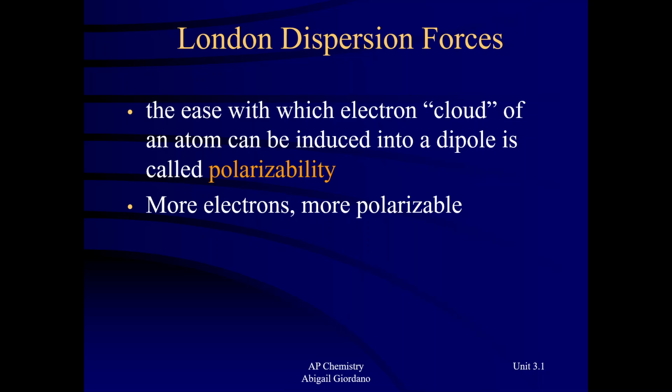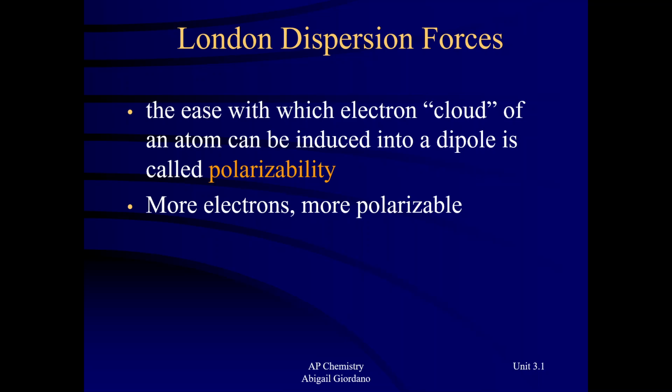The more likely it is to be drawn into that instantaneous dipole. So if you are comparing two nonpolar molecules, and one molecule has a higher molar mass than the other, higher molar mass is going to imply a bigger molecule, one with more electrons. So what does this mean?